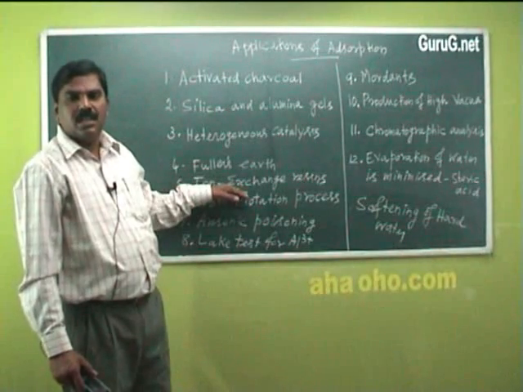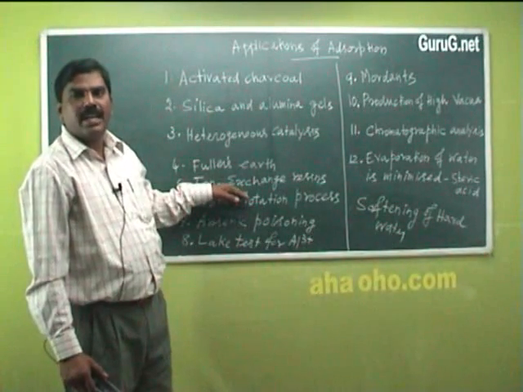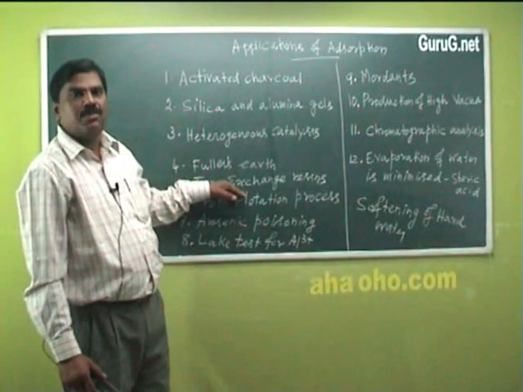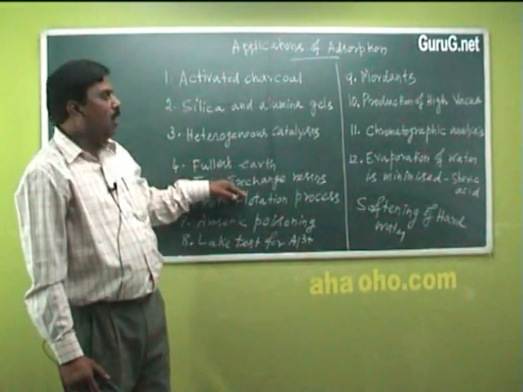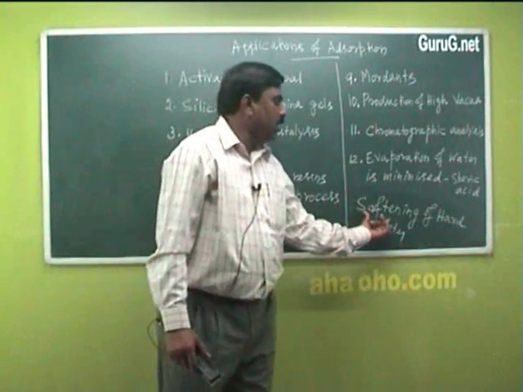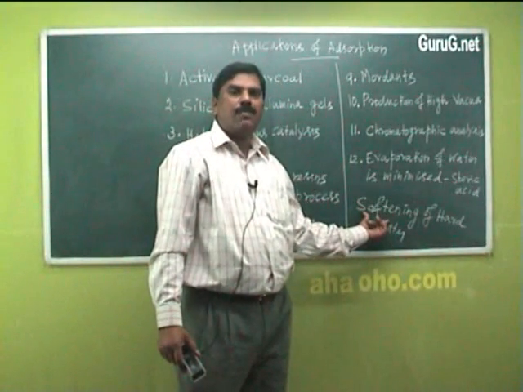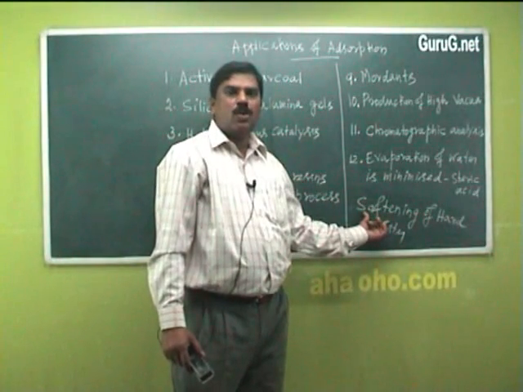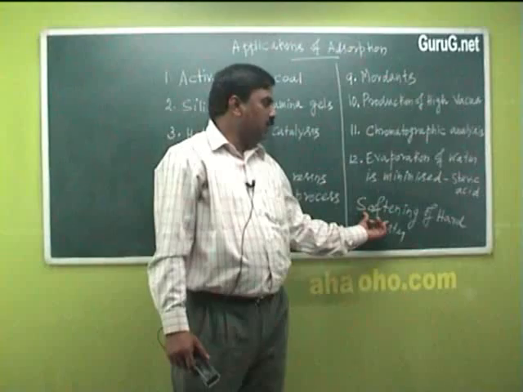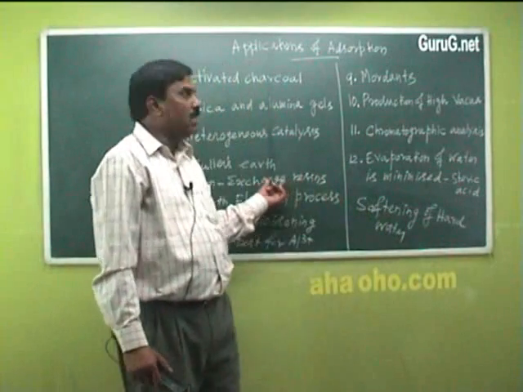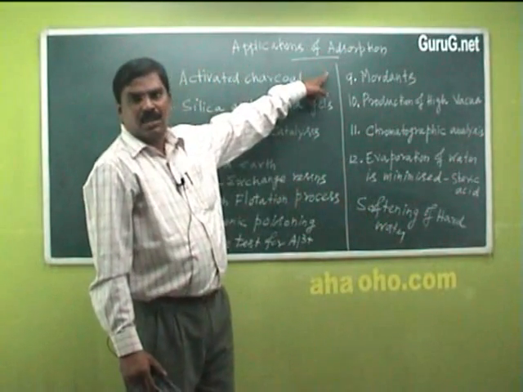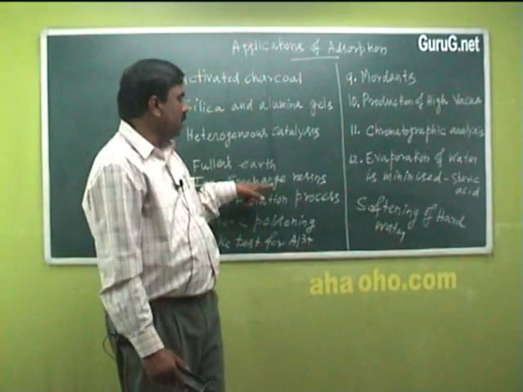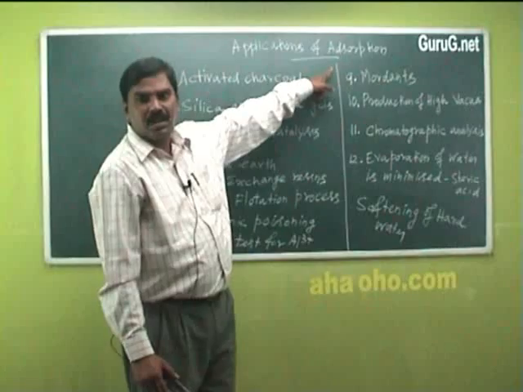Cation exchange resins are used for the removal of cations present in the hard water. Anion exchange resins are used for the removal of anions present in the hard water. In the softening method, hard water is converted into soft water by the removal of carbonates, bicarbonates, chlorides and sulfates present in the water, using the ion exchange resin by the method of adsorption.